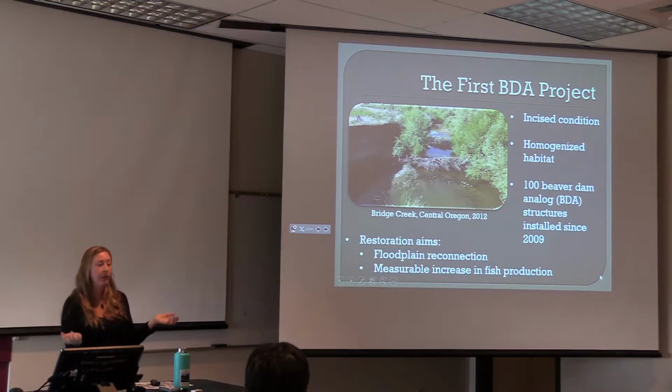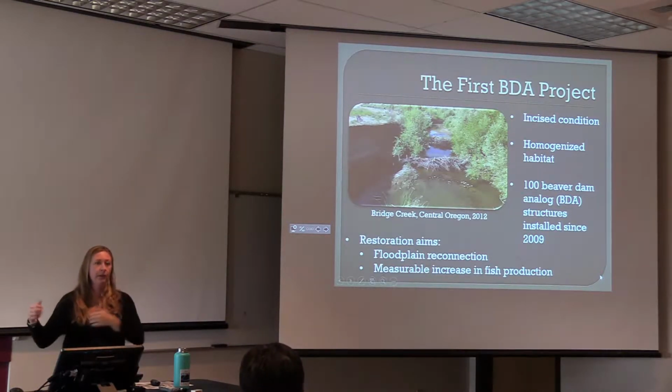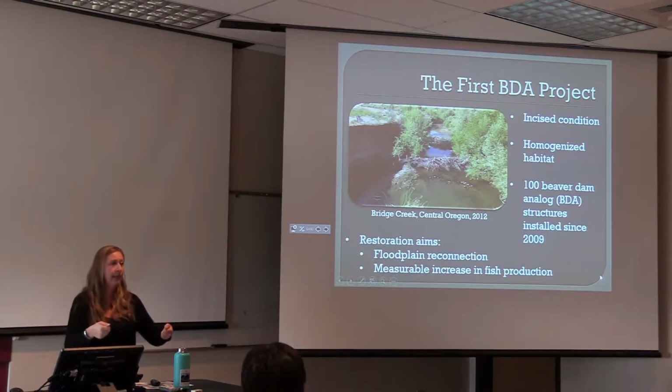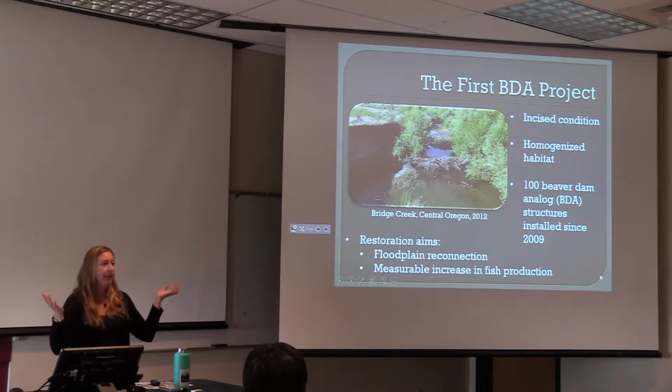Or you can build fake beaver dams like this one, where you put in the fence posts and then weave in some willow. Or you can just put the posts in and see if maybe the beaver will come and colonize it.